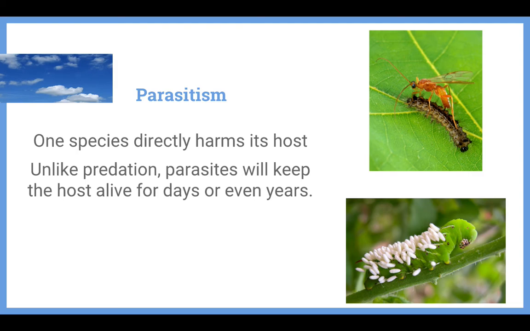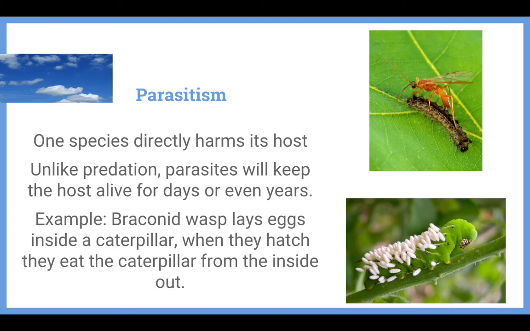An example that I think is quite interesting is the braconid wasp, which lays eggs inside of a caterpillar. Then those eggs live off of the caterpillar. They find their nourishment from the bloodstream of the caterpillar, and what the caterpillar eats, the eggs eat. Well, when the eggs hatch, they eat the caterpillar from the inside out.